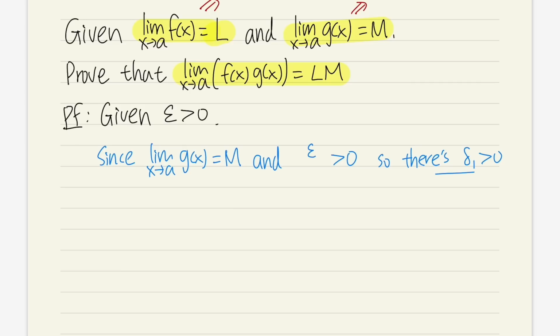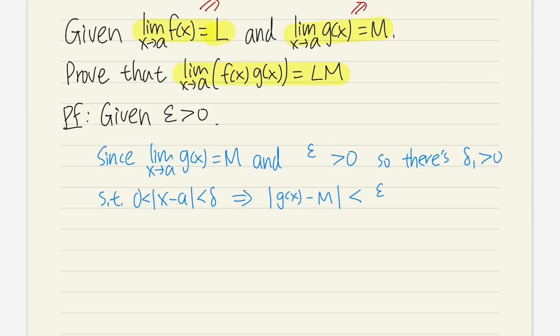Okay, so there's a delta 1 greater than 0 such that when the absolute value of x minus a is less than delta 1, and we want to make this positive, then this implies the absolute value of the function, which is g of x minus m, is less than what I put down right here, which is just epsilon.